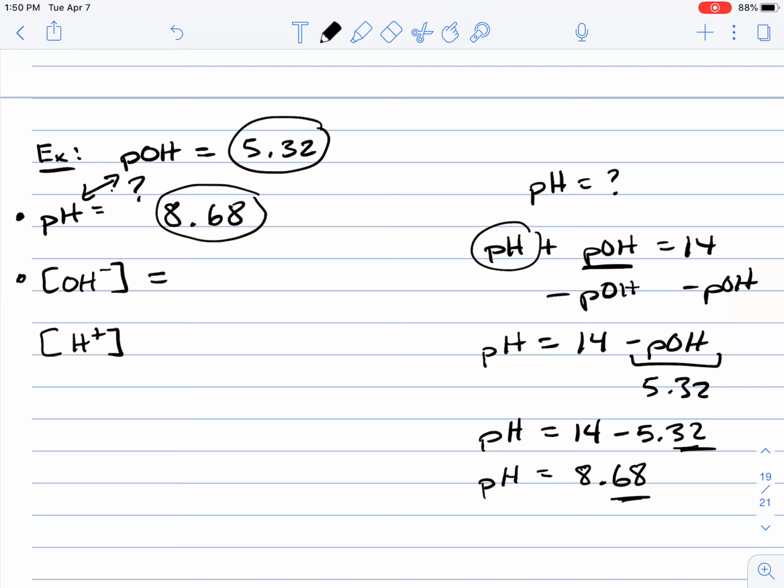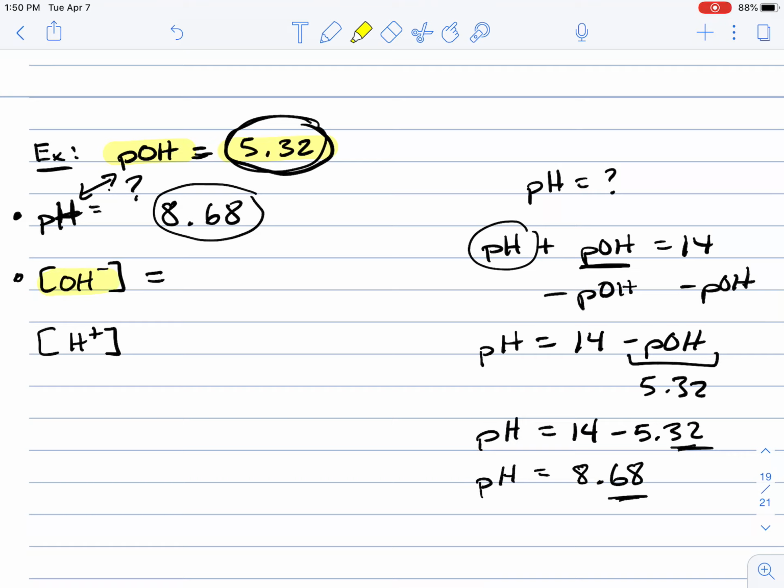I have 8.68, which equals the pH, and I have 5.32, which equals the pOH. It only makes sense for us to use this value since the substance that I'm looking for is hydroxide. So I'm looking for an equation that relates pOH to concentration of hydroxide.